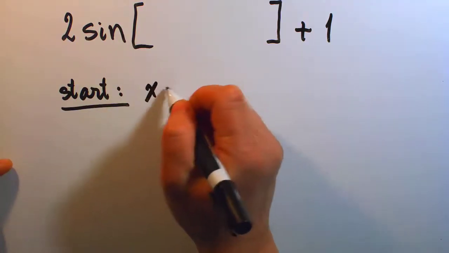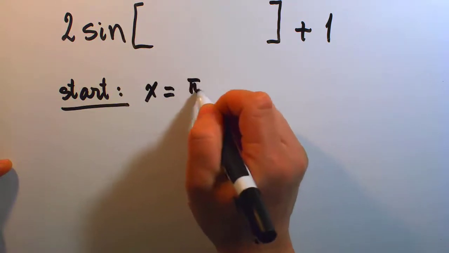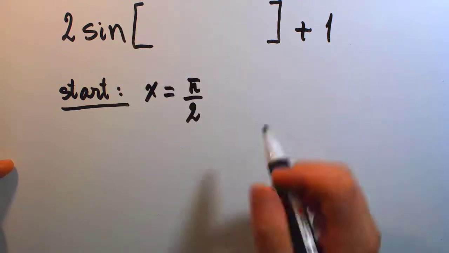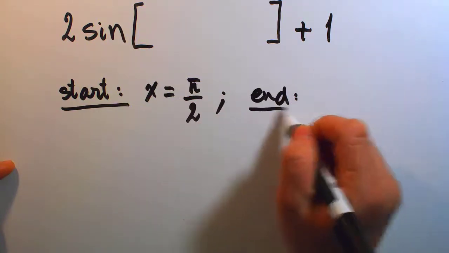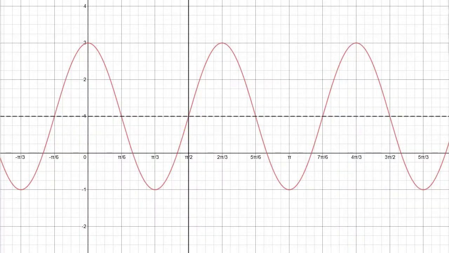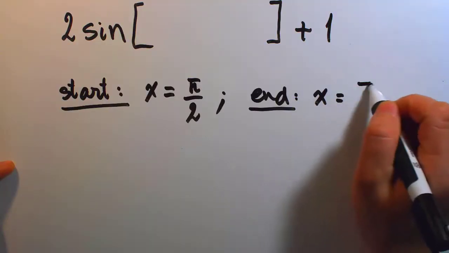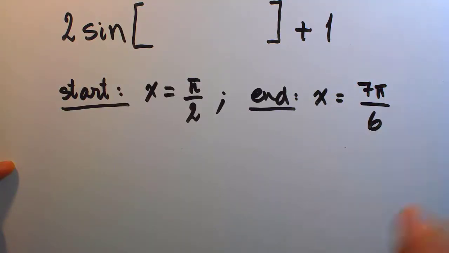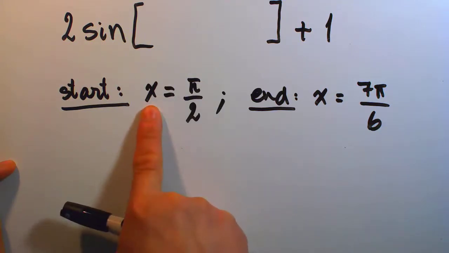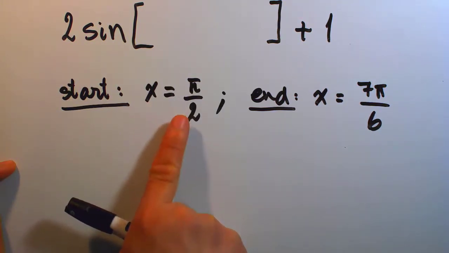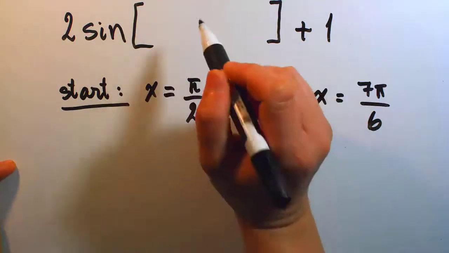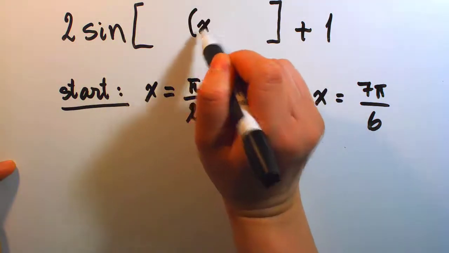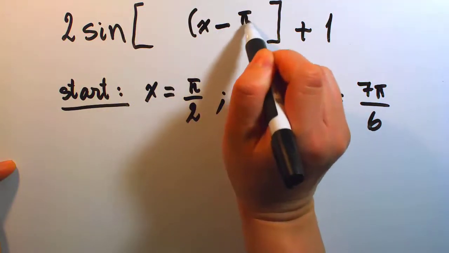So here it could have been pi over 2 at the start, and the end here, according to the graph, the grid is showing 7 pi over 6. And so if we chose the starting point of our base unit to be at x equals positive pi over 2, then immediately the expression inside of our sine function is going to become x minus pi over 2.